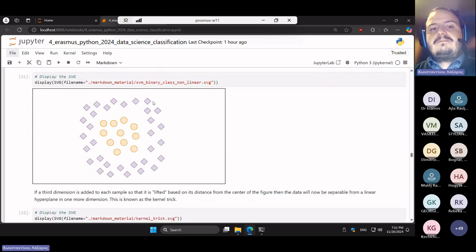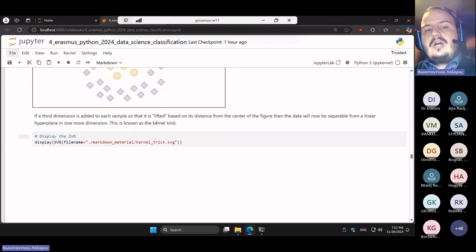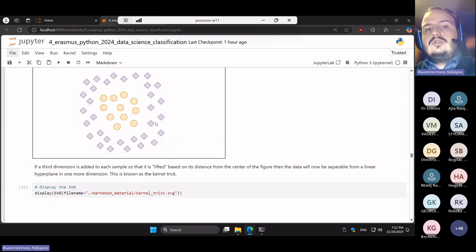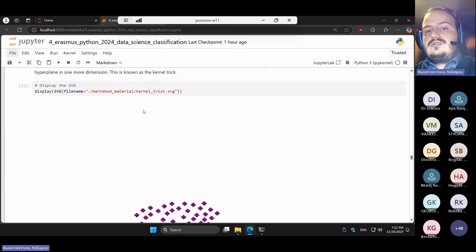It can be many things depending on the kernel that you use. It can be, for example, a linear combination of the existing dimensions, or a nonlinear combination of your already two existing dimensions.